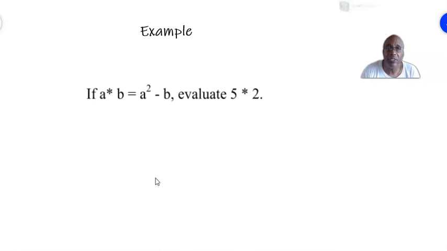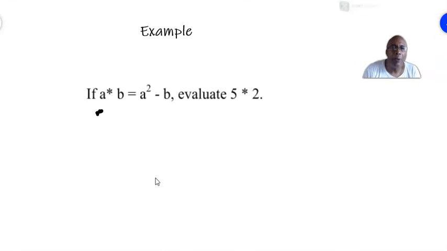All that means is that, look at A asterisk B and 5 asterisk 2. It means that A is 5 and B is 2. So all you have to do is substitute 5 for A and 2 for B.